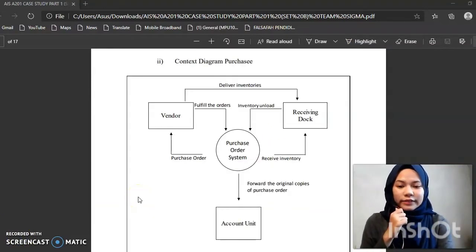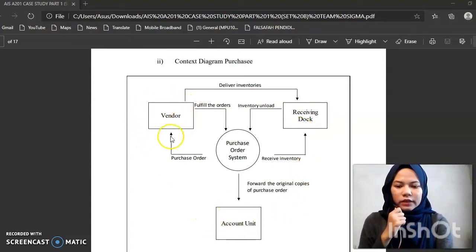Next is context diagram for purchase. Context diagram is important to identify the flow of the information system and the external entities. In the context diagram, there are three external entities, which are vendors, receiving docs, and accounts units.